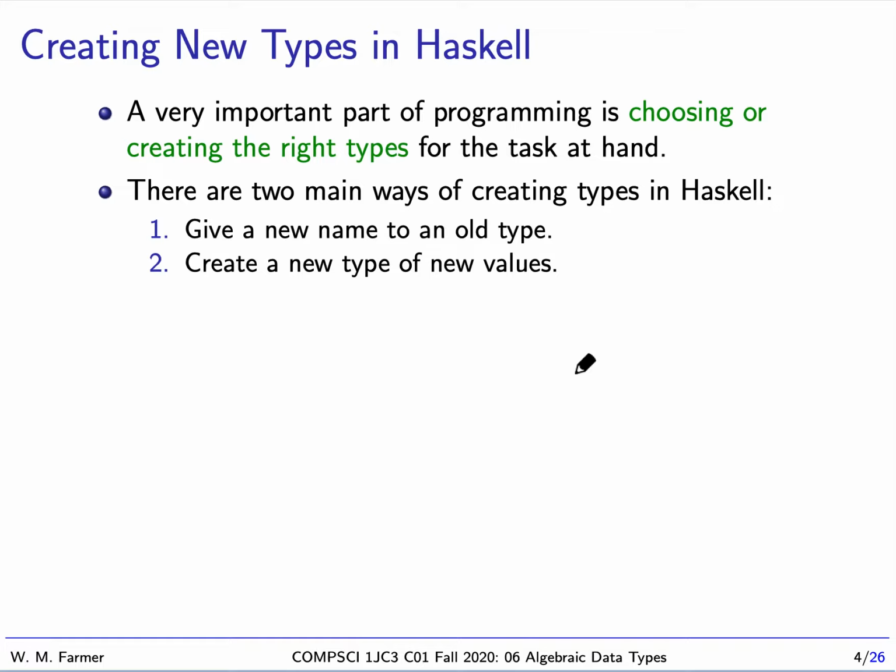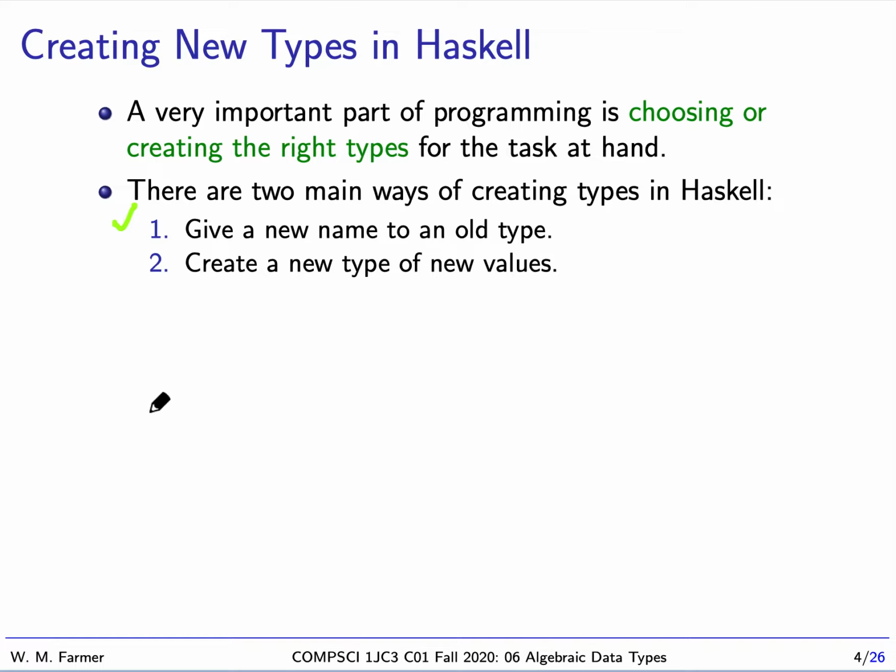So in Haskell, an important part of developing a program is creating the types that we need, the right types for the task at hand. And there's basically two ways of doing this. One way is we can give a new name to an old type.